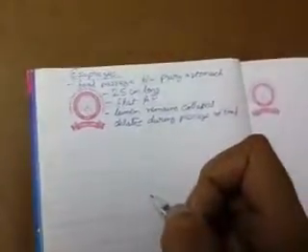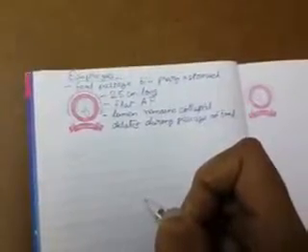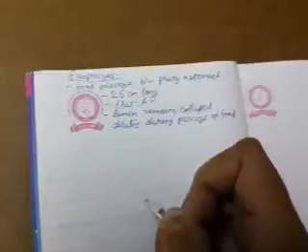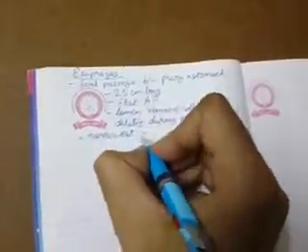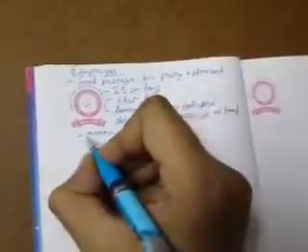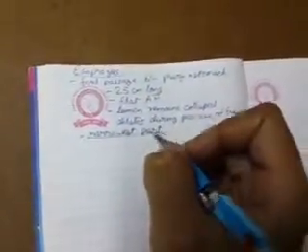Next, the pharyngoesophageal junction is the narrowest part of the alimentary canal except for the vermiform appendix. So the narrowest part is the pharyngoesophageal junction.